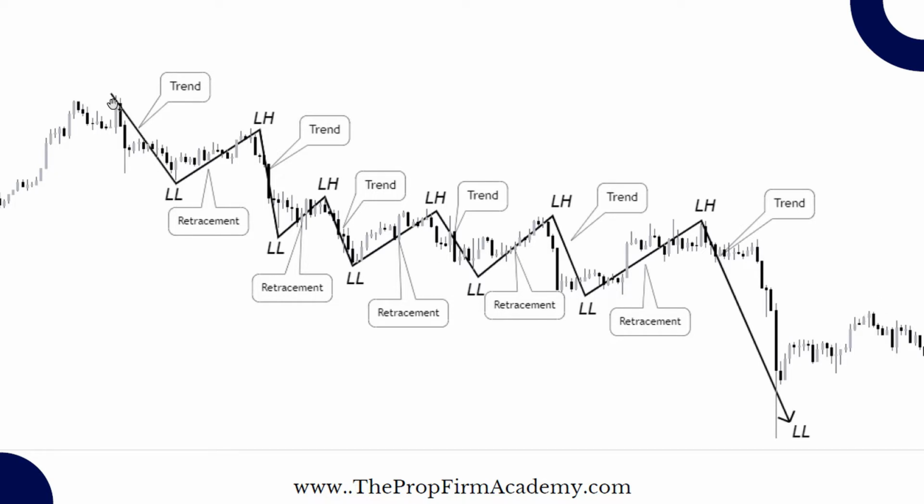So markets will make a lower low, give a retracement to create a lower high, continue the trend, create another lower than previous low, give a retracement upwards to create a lower than previous high, give another lower low, another lower high with a retracement, continue the trend with a lower low, and like that, and that is basically how a typical market moves. So let's get on the live market chart and see exactly how this all plays out.